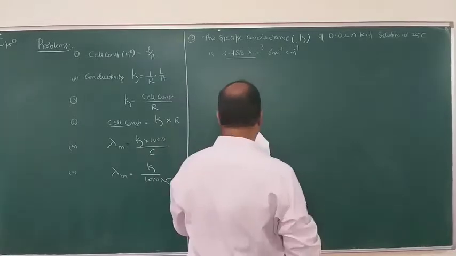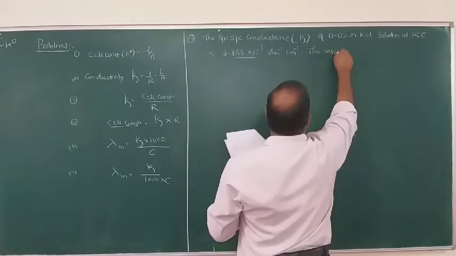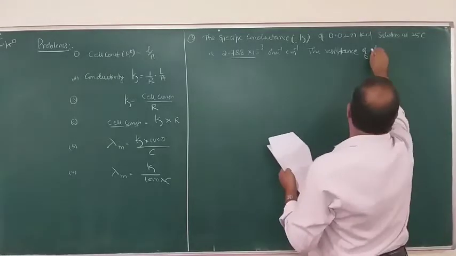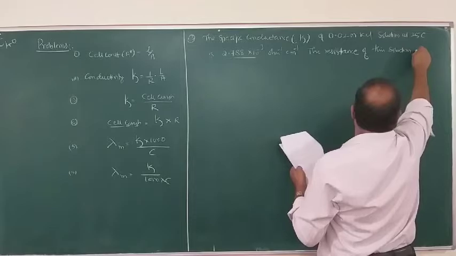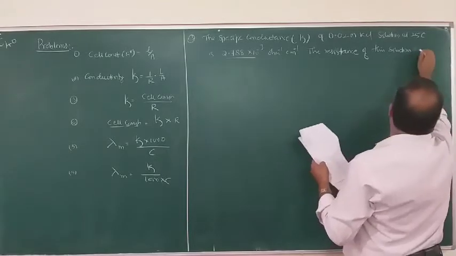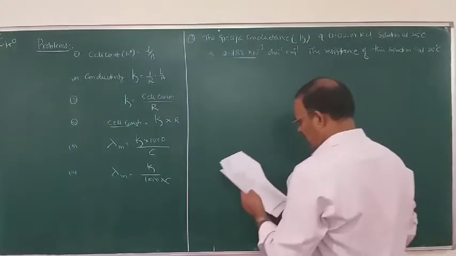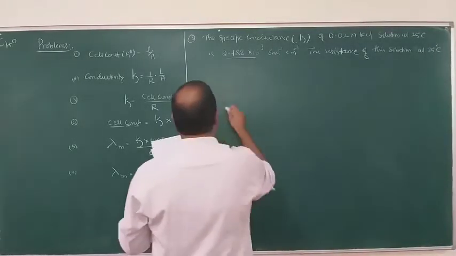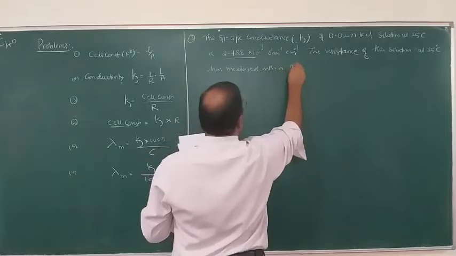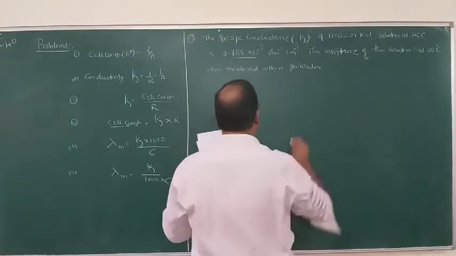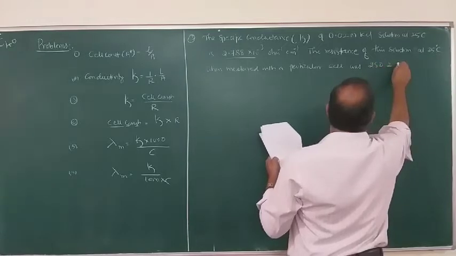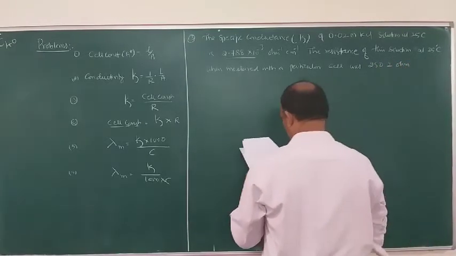First, the resistance of this solution at 25 degrees centigrade, when measured with a particular cell, was 250.2 ohms.